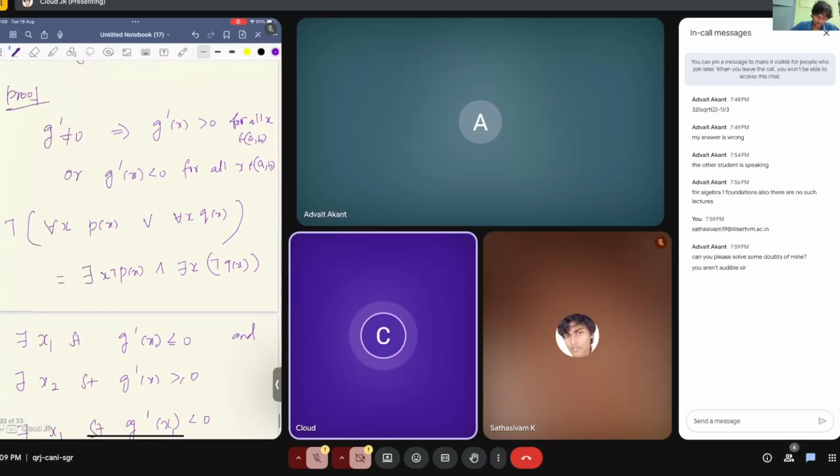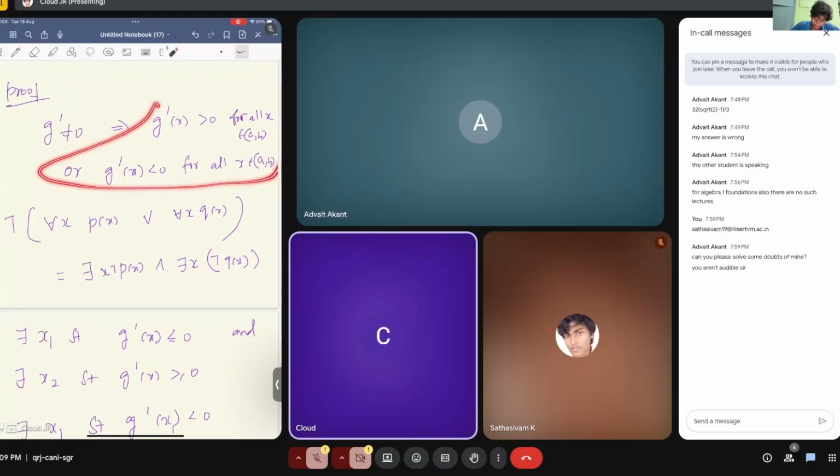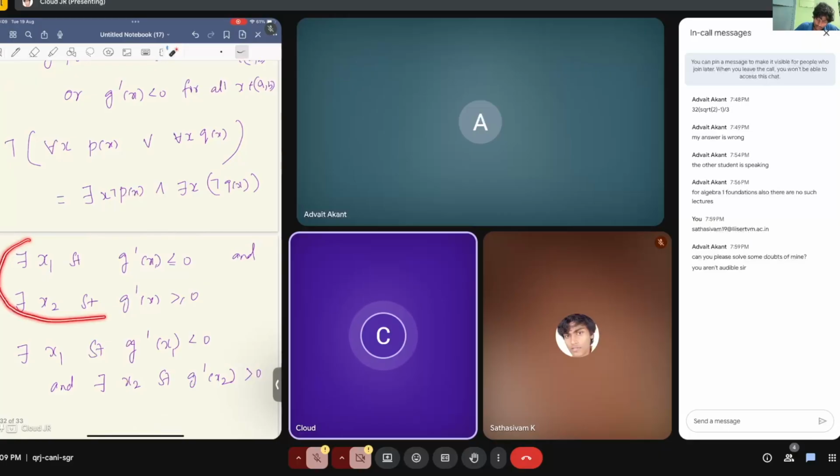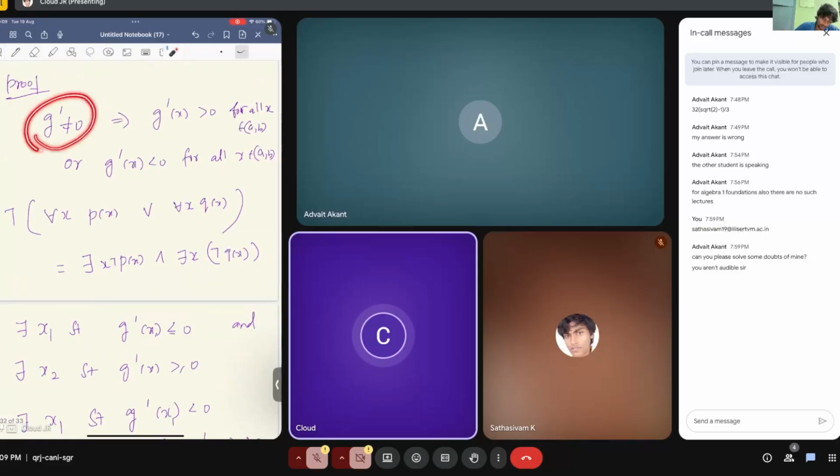So basically, you want to prove this statement. What you prove is the negation is false. But what you know is this is true.